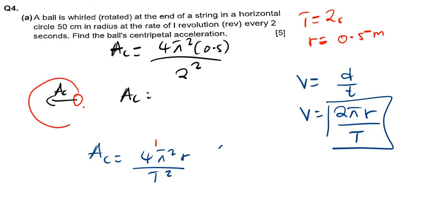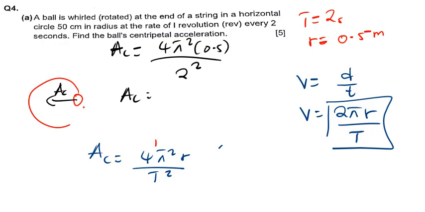So get your calculator and try to punch it in. We have 4 times pi squared times 0.5.